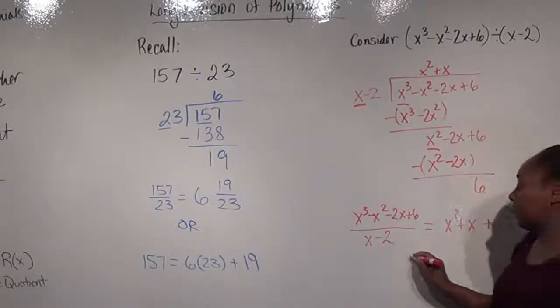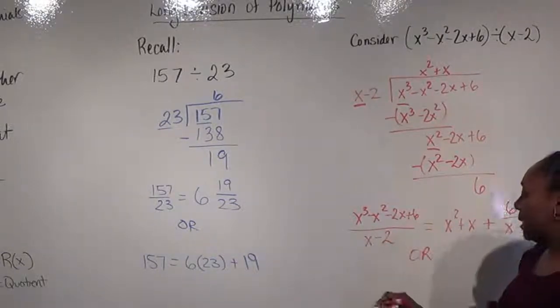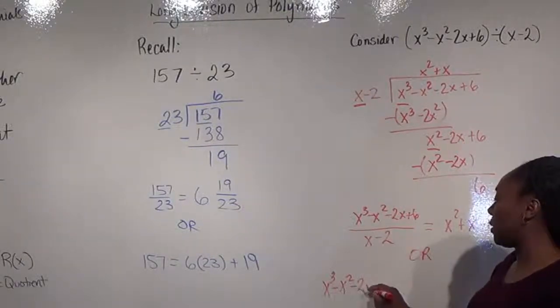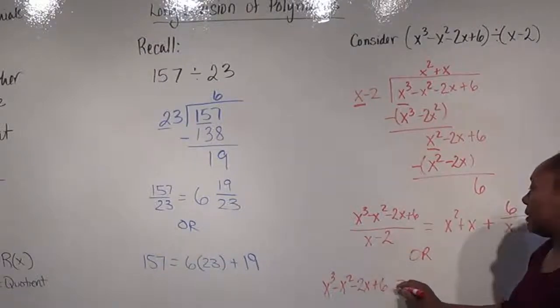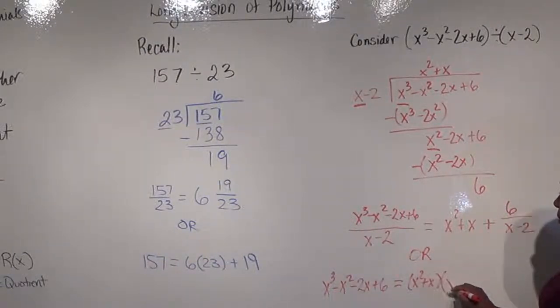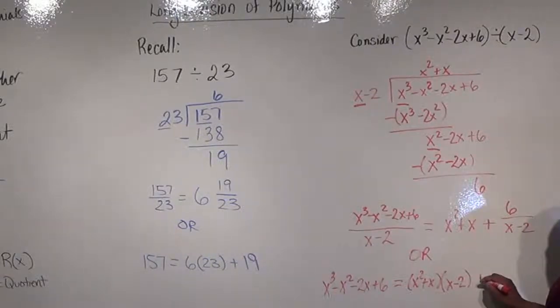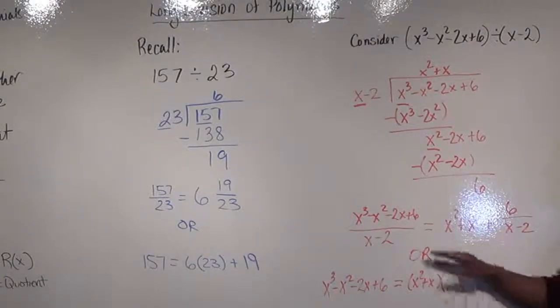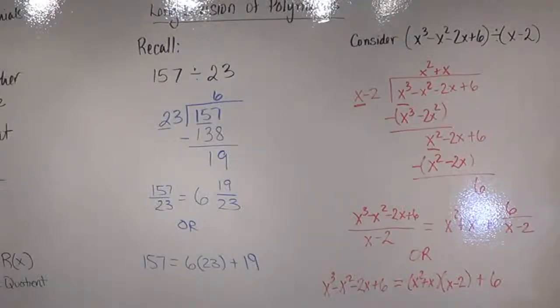Okay. Or I can say that x cubed minus x squared minus 2x plus 6 is going to equal x squared plus x times x minus 2 plus 6.